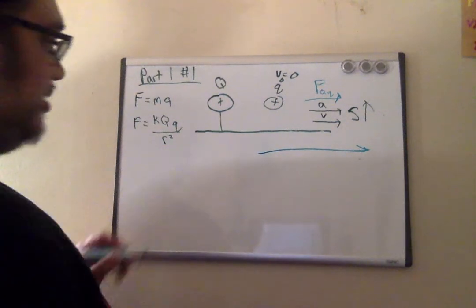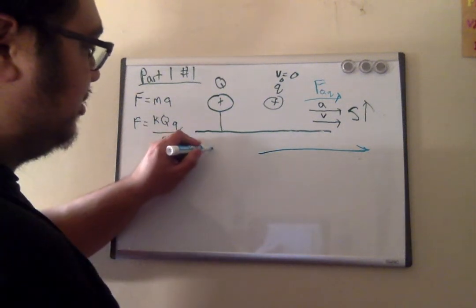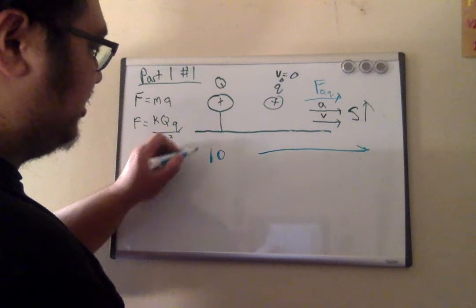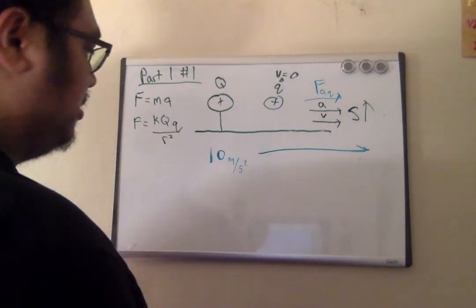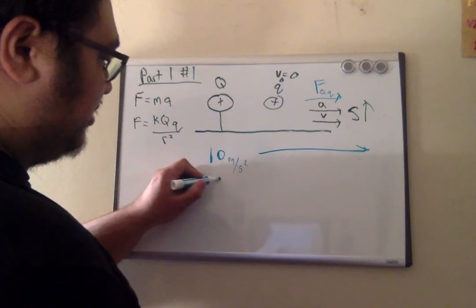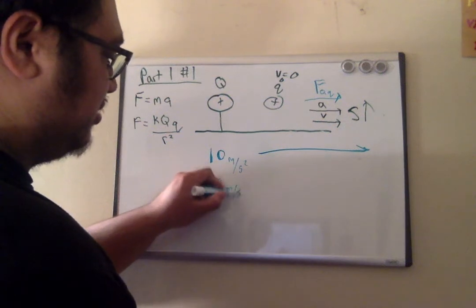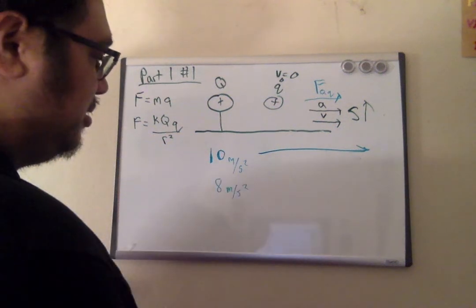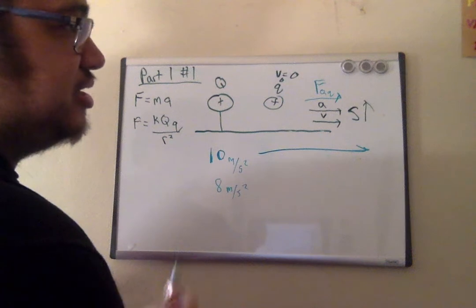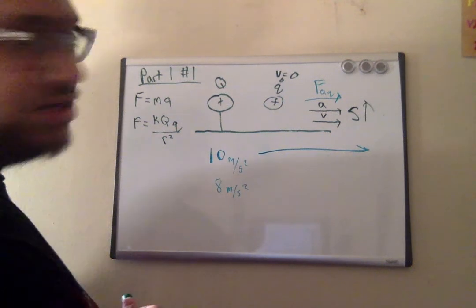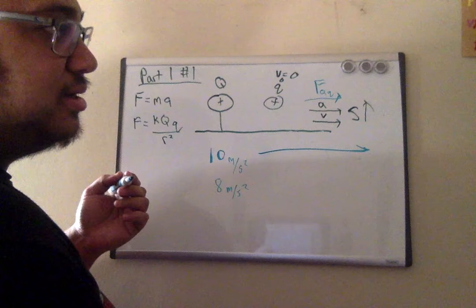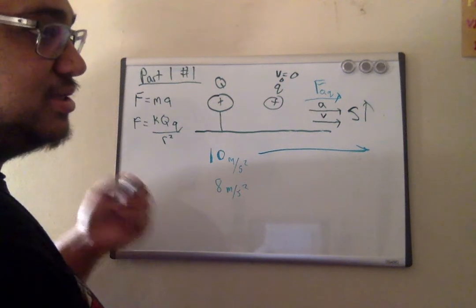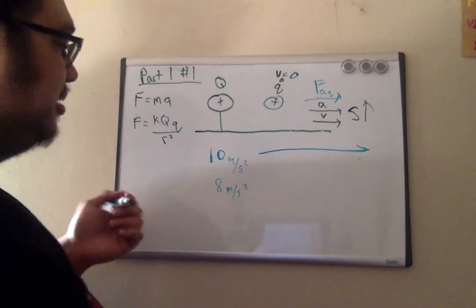For example, let's say the acceleration was 10 meters per second squared. Well, acceleration is decreasing, so it's 8 meters per second squared. Remember that acceleration is how our velocity is changing over time. Essentially, acceleration is the slope of velocity.